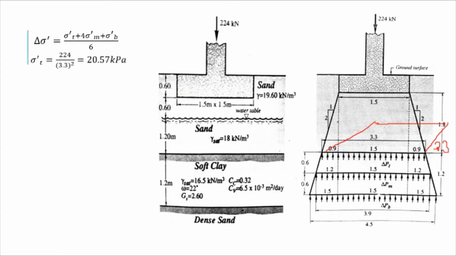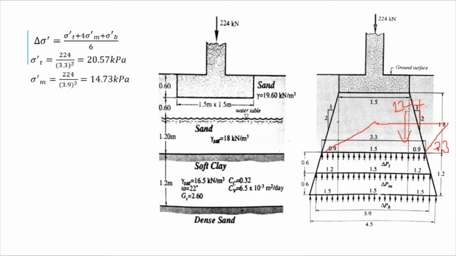And therefore, pag in-applyan natin siya ng load na 224 kilonewton, so 224 over 3.3 times 3.3, this will be the stress. So 224 over 3.3 squared is 20.57 kPa.